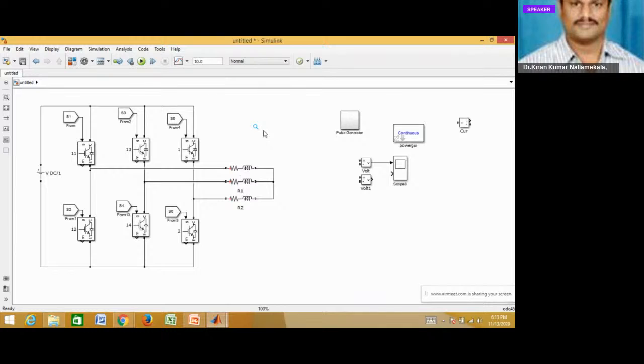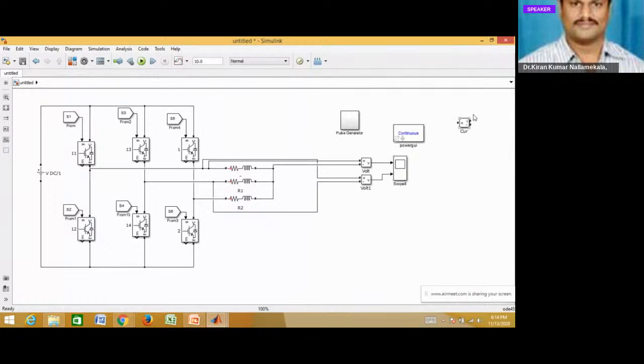Now we will see the measuring devices. What are the measuring devices? Voltages and currents. What voltage am I going to measure? First, the phase voltage, A phase to neutral voltage. Second, the line-to-line voltage, that means A phase to B phase voltage, which is given to the second channel in a scope.